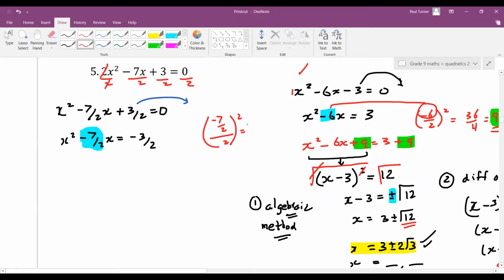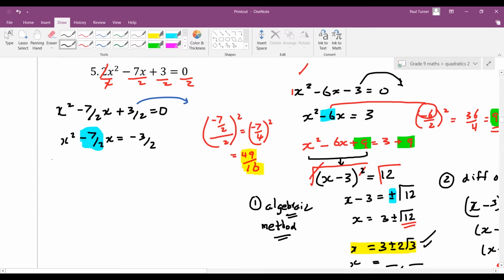So you'll end up with minus 7 on 4 squared. When you divide 7 on 2 by 2, you get 7 on 4. And then square that, you'll get 49 on 16. Okay, so this is your special number that needs to be added back here.